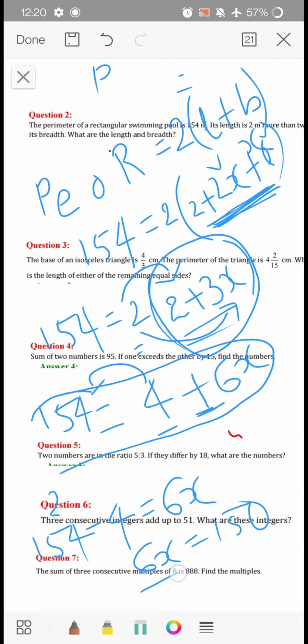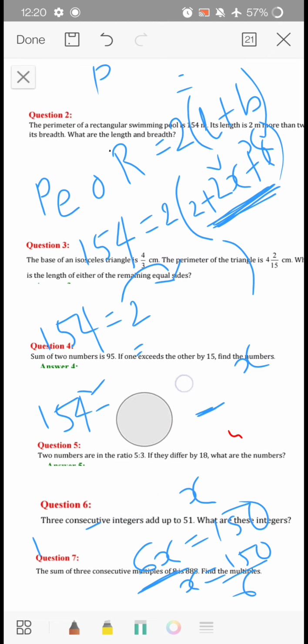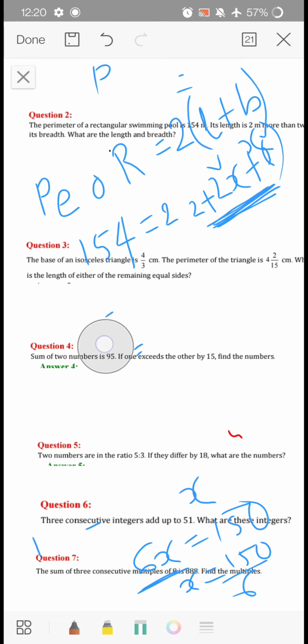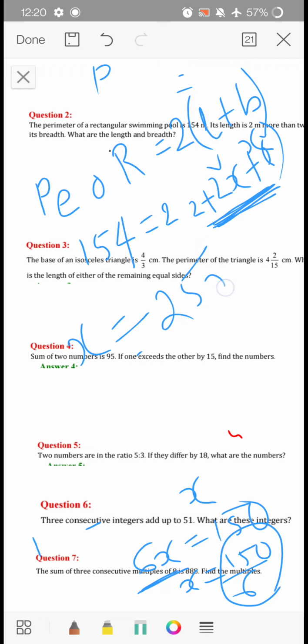Now 6 and x are in multiplication. If you transpose it, then it will be in division. So 150 upon 6. By solving this, you will get the value of x, that is 25, right?